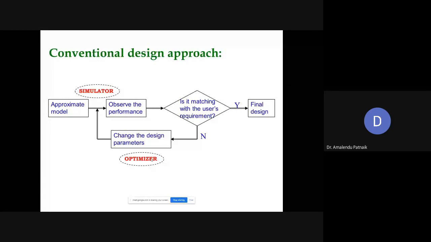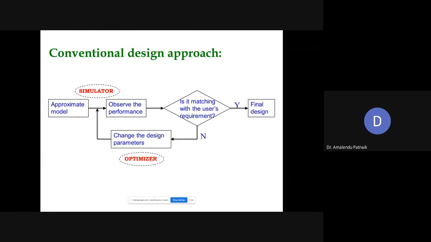Now, why should one go for using metaheuristics at these two places? Because having a simulator is a costly affair, and each simulator has its own simulation time. And at this point, classical optimizers have their own demerits, and so on and so forth.